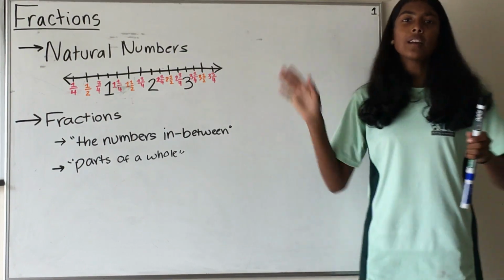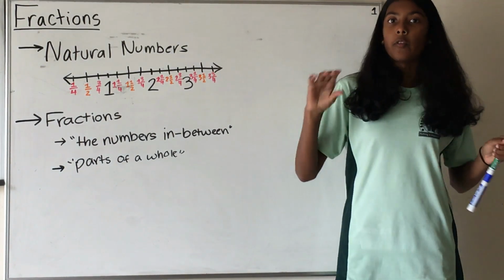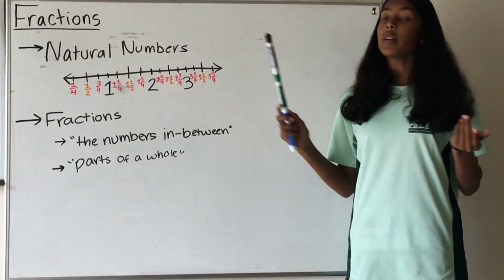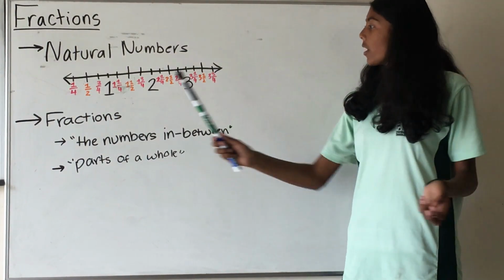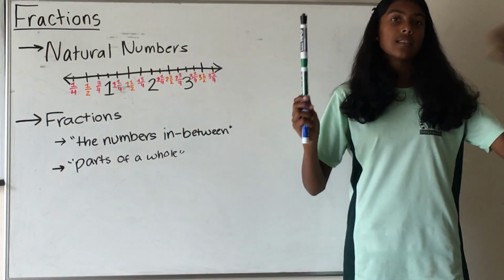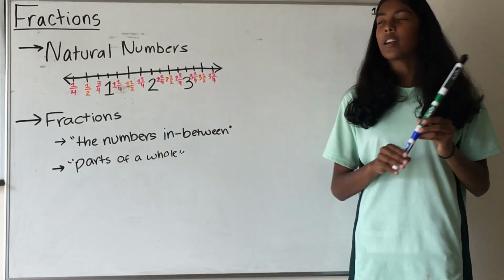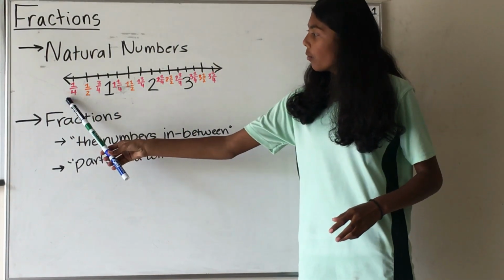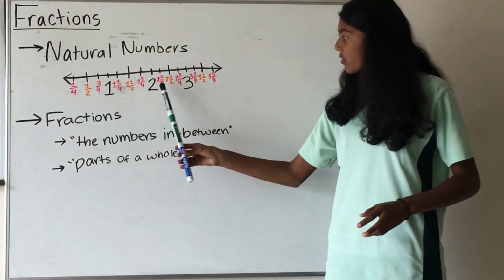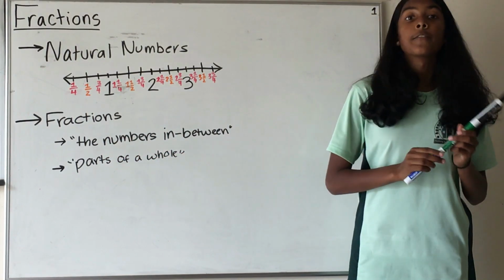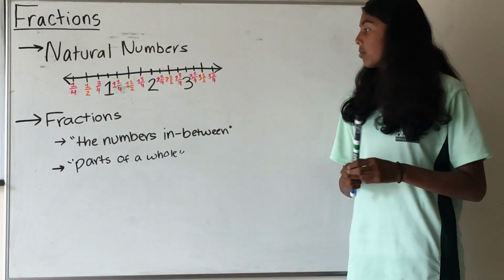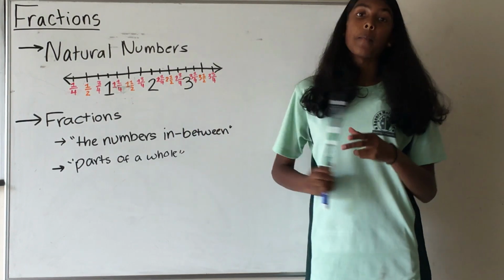So before we get into fractions, let's have a bit of a review on the natural numbers. The natural numbers are our counting numbers, and they are 1, 2, 3, and so on. But what about the numbers that are in between? There's numbers between each of these whole numbers, and they are called fractions. And they represent parts of a whole.